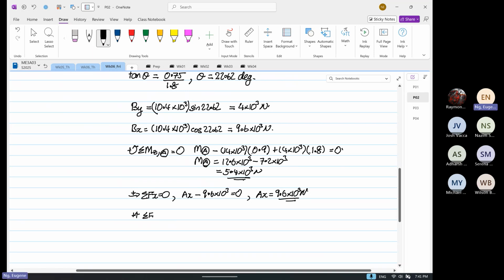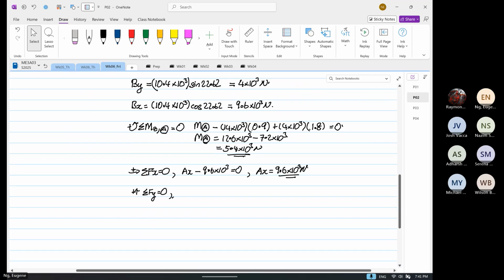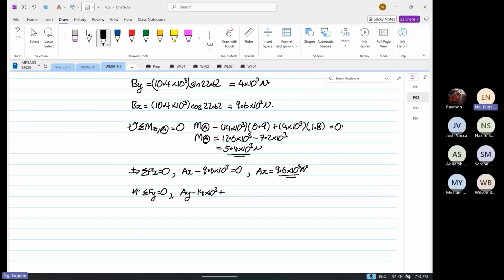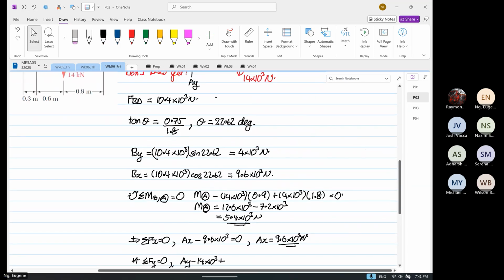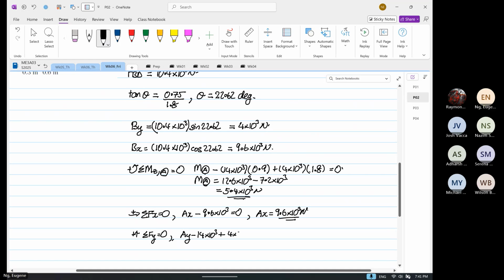So the next thing that we are going to do, summation of forces in the Y direction is equal to 0, right? So from here we have AY minus 14 times 10 to the power 3 plus BY, which is 4 times 10 to the power 3. The whole thing is equal to 0.